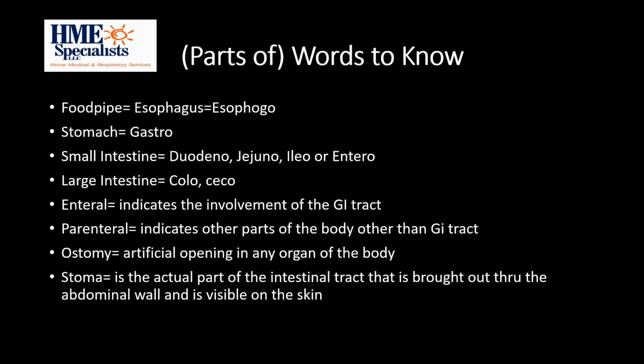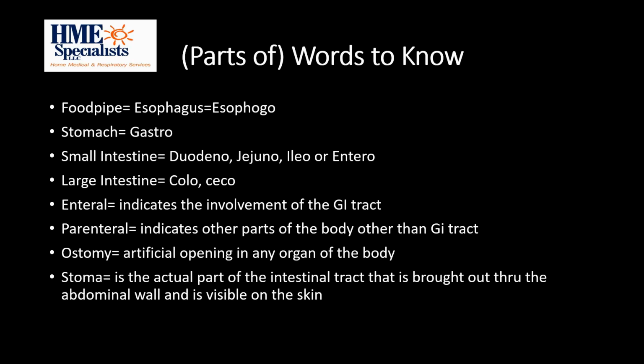Now, it's really great if you understood or remembered some words which refer to the gastrointestinal tract, because many of these words or pieces of words are put together to describe aspects of tubes and aspects of the bags. First thing is when we talk about the food pipe, we usually use the term esophago.